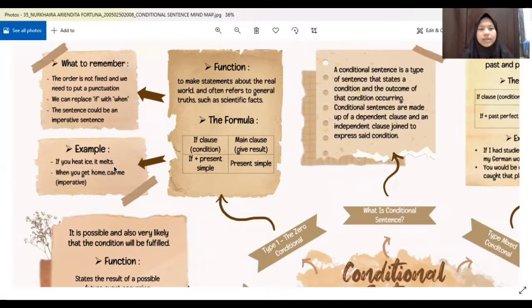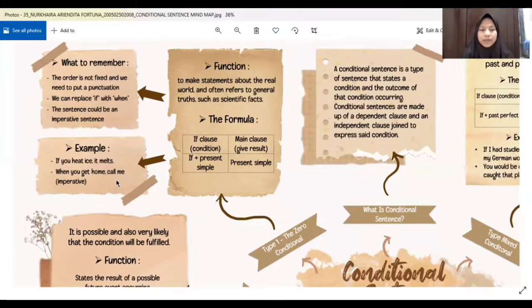The first one is, if you heat ice, it melts. As I said before, the function of the zero conditional is to explain scientific facts. So it is a fact that if you heat ice, it melts. And the second example is, when you get home, call me.